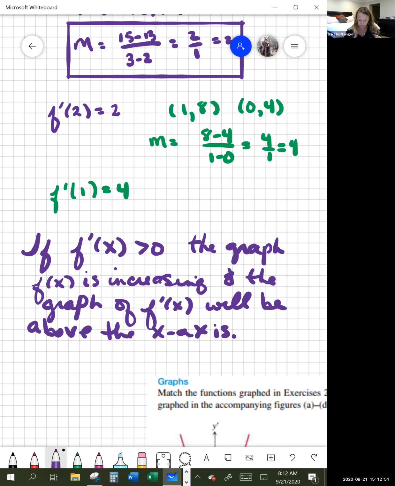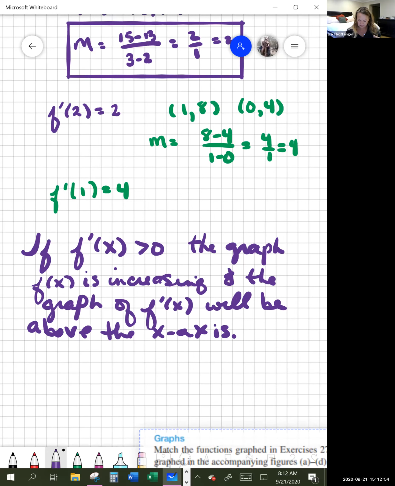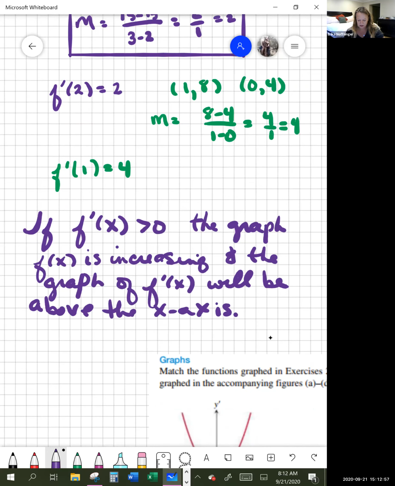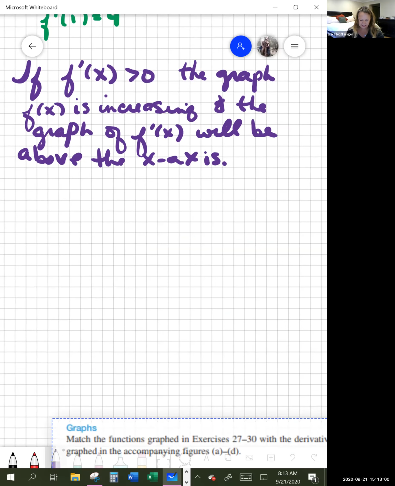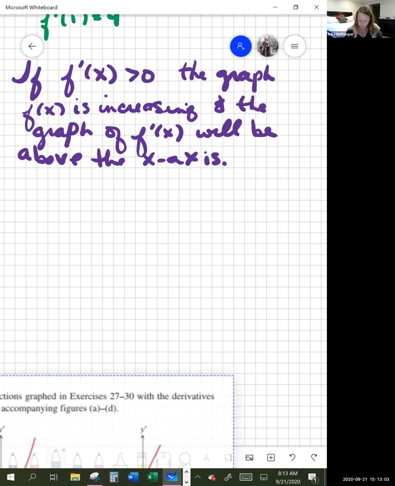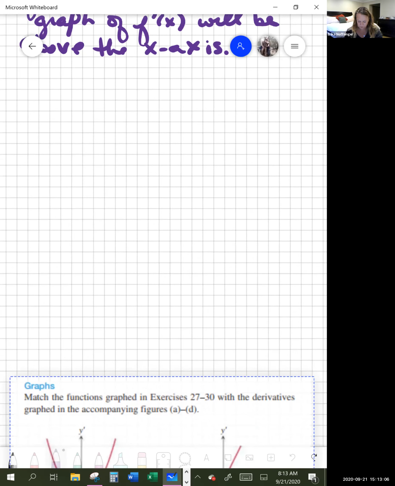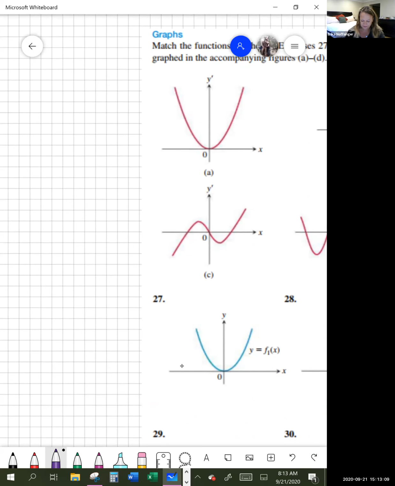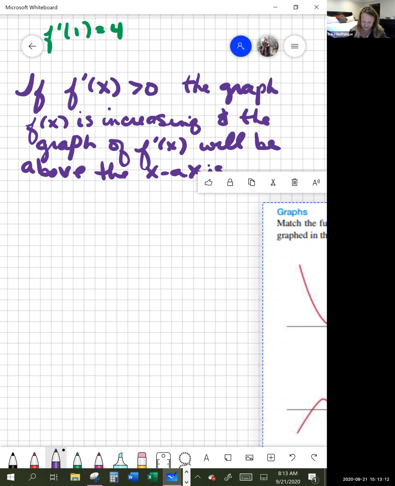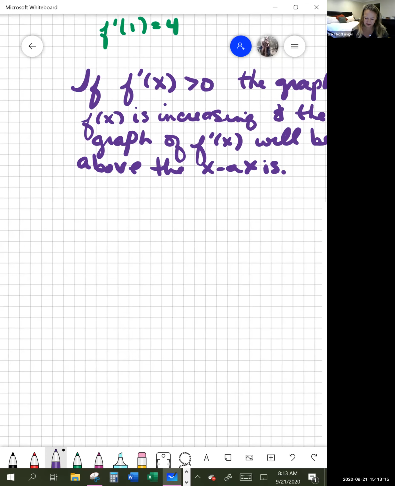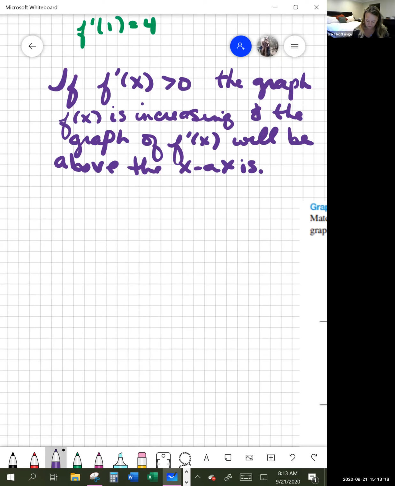So let me grab this and bring it down. So if our graph is decreasing, okay. I'm just going to go over here. So if our derivative is less than 0, that's telling me my slope at a point on my graph f of x is, the graph is going to be decreasing.